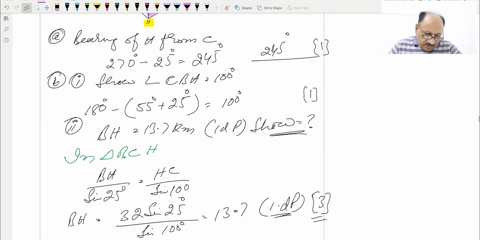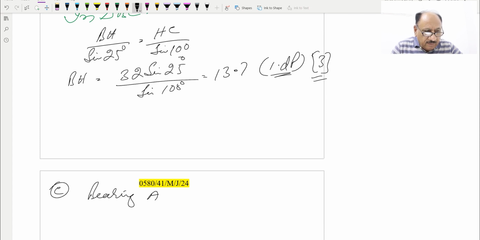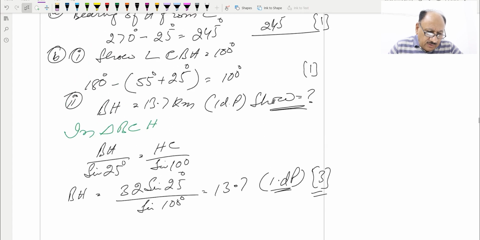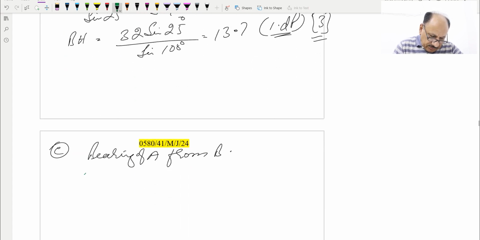So in triangle ABH we can solve the C part, which is the bearing of A from B.